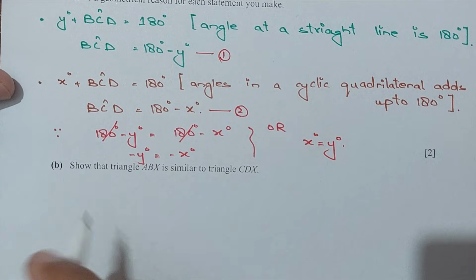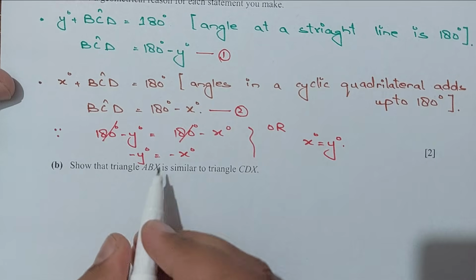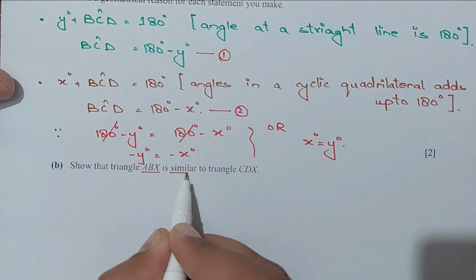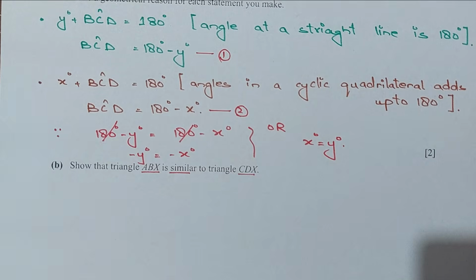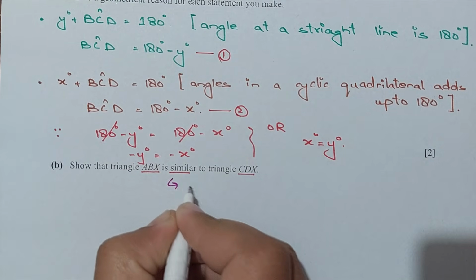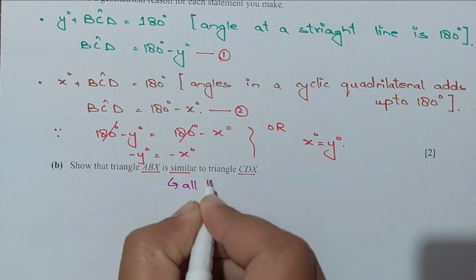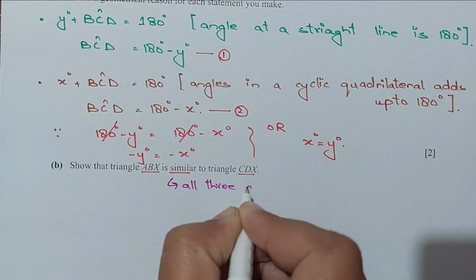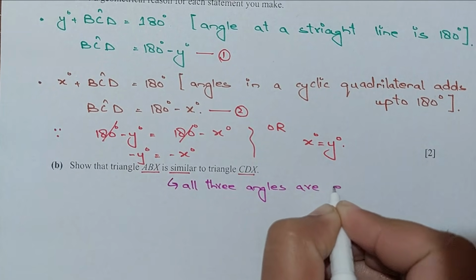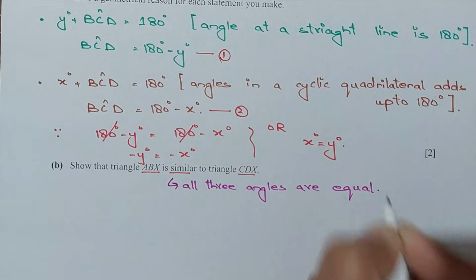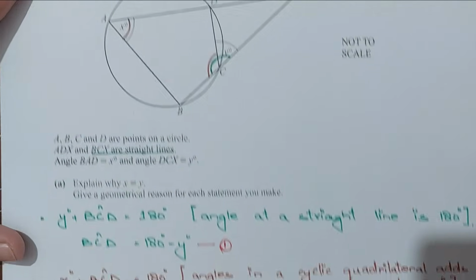Okay. Now for part B, show that triangle ABX is similar to triangle CDX. To prove that two triangles are similar, we have to prove that all three angles are equal. All right. So what is ABX?